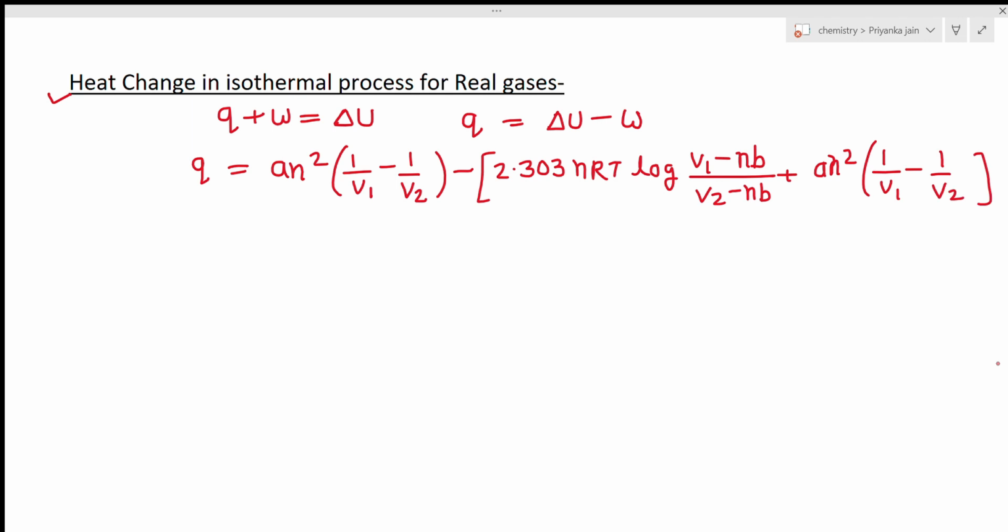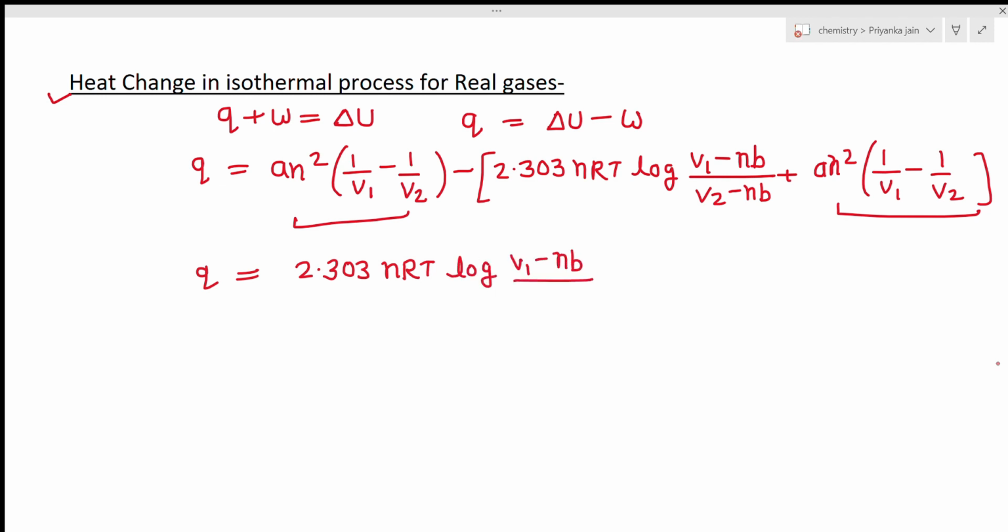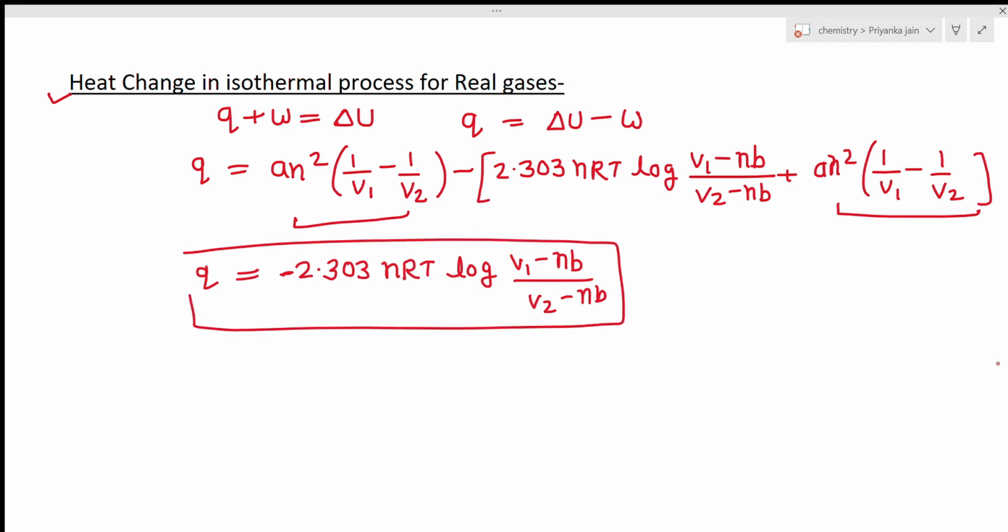Now see here, this term and this term will cancel out. So what we are getting is Q equal to 2.303 nRT log[(V1 − nb)/(V2 − nb)]. This will be a negative term. This is your formula for the calculation of heat transferred.